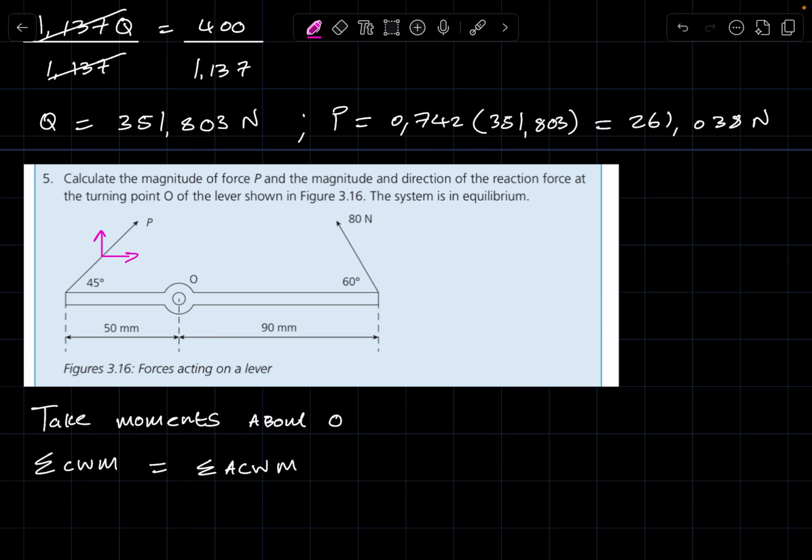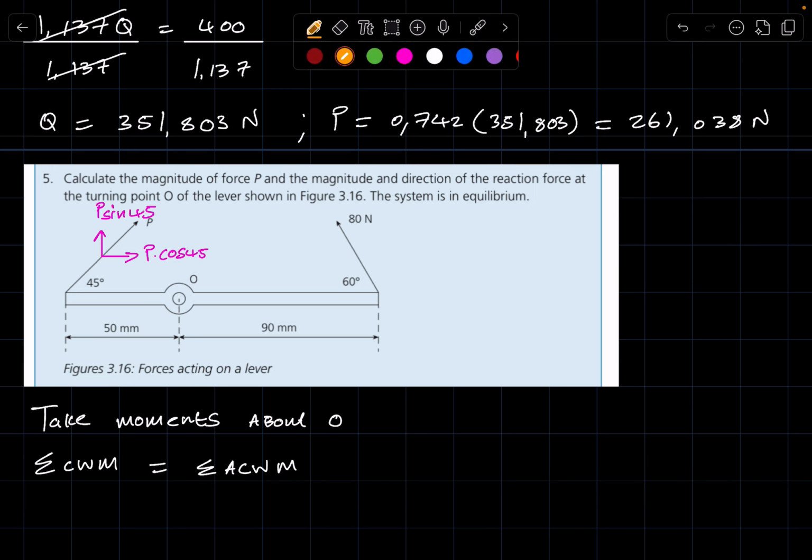The y component is positive P sine 45. We are able to express the vertical component in terms of sine because the angle we are using is referenced from the x-axis. And then the horizontal component is in terms of cos, positive cos because it's headed east. So this becomes P cos 45.